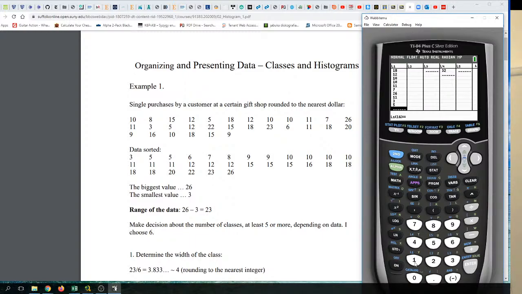And then we have 12, 22, 15. The next three numbers are 18, 23, and 6. And the last three numbers in that set are 11, 18, and 20.